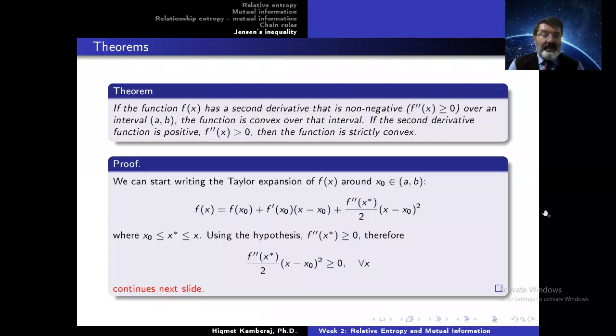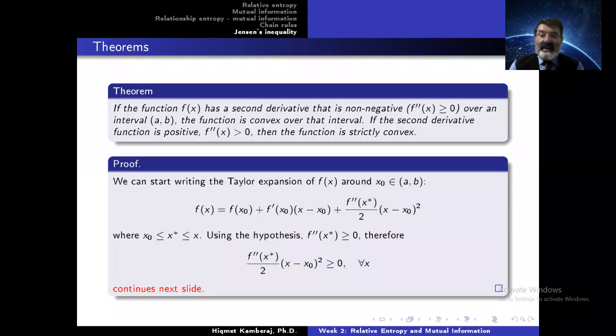Now we can go to a theorem, which is a mathematical theorem to find the minimum or maximum of a function, but we are going to reformulate it slightly differently.